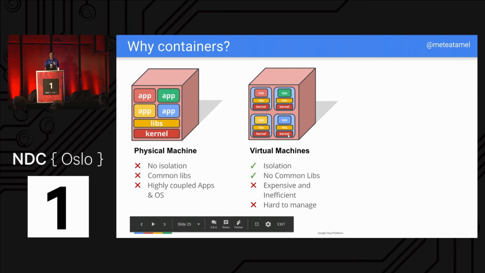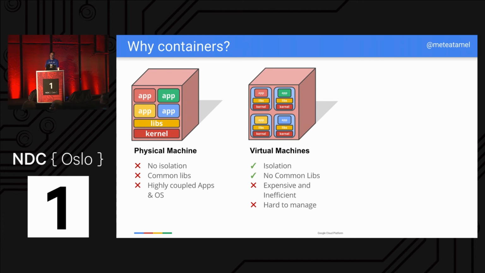But the bad thing is that instead of dealing with one operating system, now we are dealing with 4 operating systems and 4 sets of libraries. So it was very heavyweight, and these virtual machines, they're not so easy to create, they're not so easy to start. So we would normally do them at the end of our development cycle. When we're ready to ship our application, we'll put it in a virtual machine. But we wouldn't really use it on a day-to-day basis as we develop software.